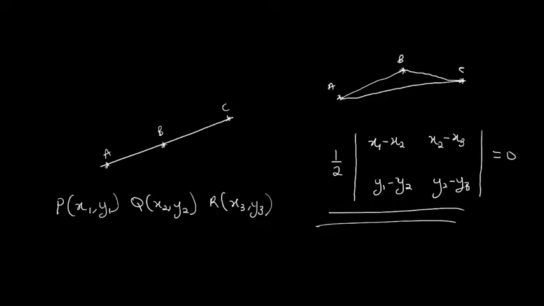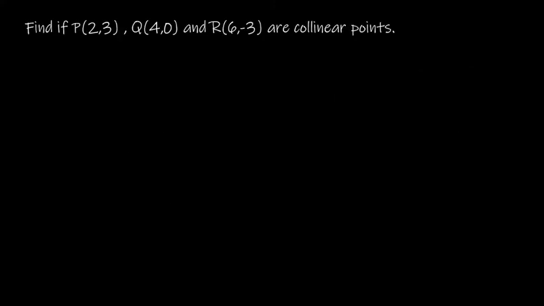So let's go ahead and look at how to use this formula in real time. So we are to find if the points P (2, 3), Q (4, 0) and R (6, -3) are collinear points. So let's write down our solution. Now we know that we are using the area of a triangle formula and not the distance or the slope formula.